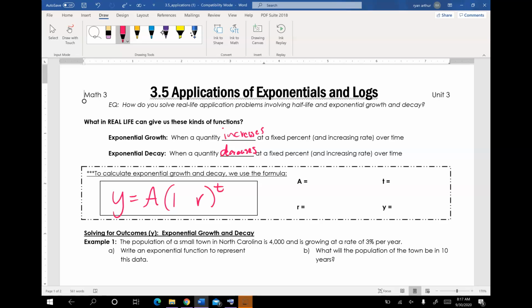If it is growth, you will say 1 plus r. If it is decay, you will say 1 minus r. And your variables still mean the same thing. I wanted to write this in y equals because this relates to your exponential equation. But the y is just your final amount.